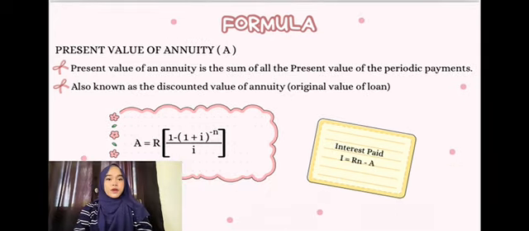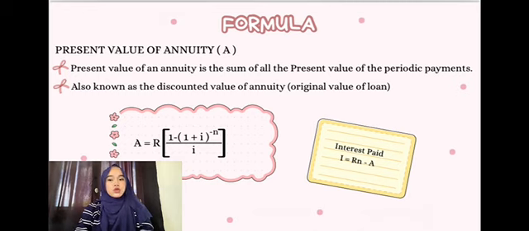Chapter 2. Present value of annuity. Present value of annuity is the sum of all the present values of the periodic payments, also known as the discounted value of annuity, or original value of loan.